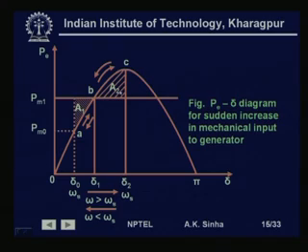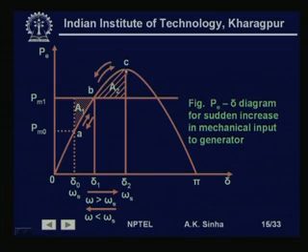So, this is accelerating area, this is decelerating area, and if accelerating area is equal to decelerating area, then we will get d delta by dt is equal to 0, that is, we have reached the synchronous speed at this point C.